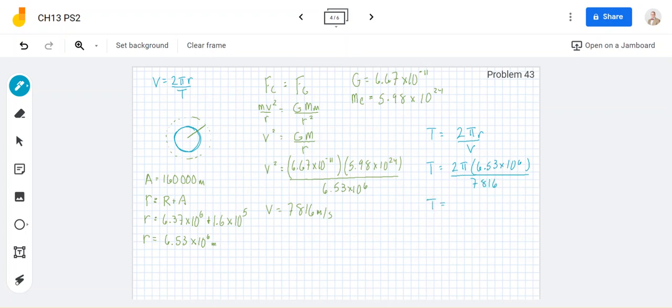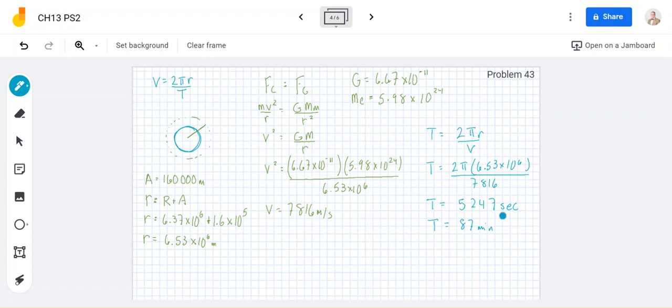Put that in the calculator real quick. I got the time to be 5.247 seconds. And then if you divide that by 60, you get 87 minutes.